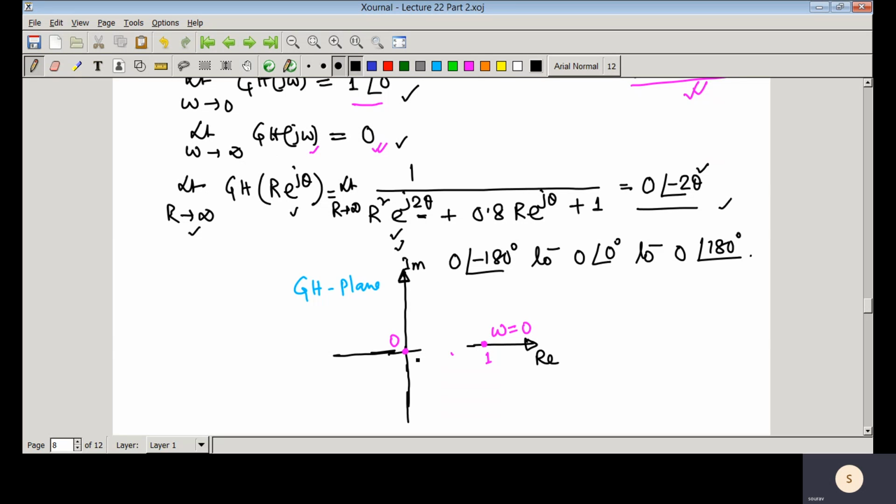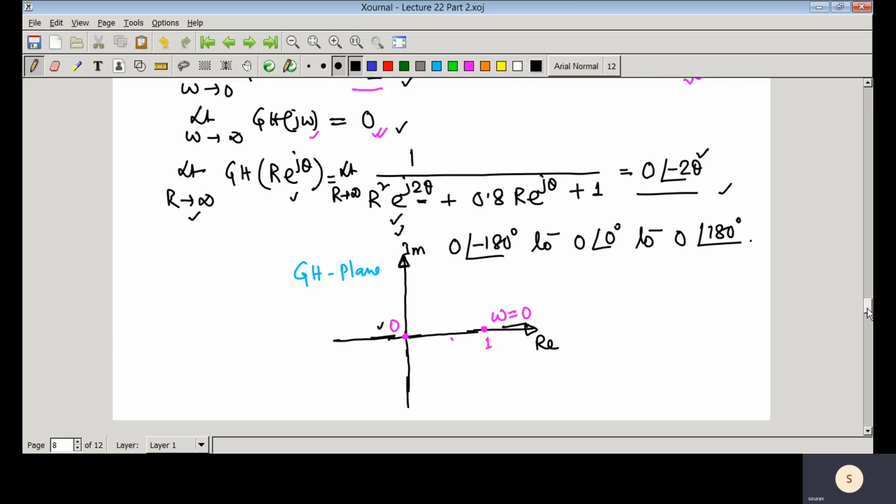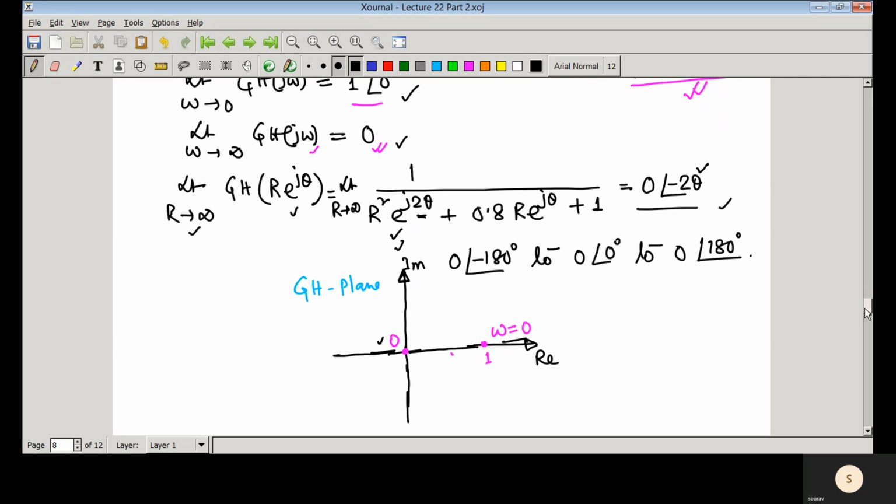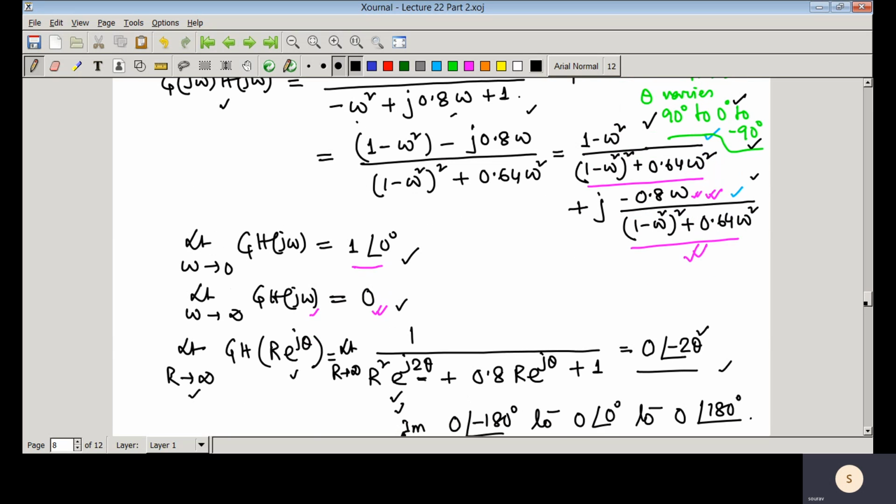So only at omega equal to 0 and omega tending to infinity will it cut the real axis. Now let us see whether it will come like this or it will cut this particular axis. Whenever it cuts the imaginary axis, the real part would be equal to 0. We can see that the real part is 0 when omega equal to plus minus 1.